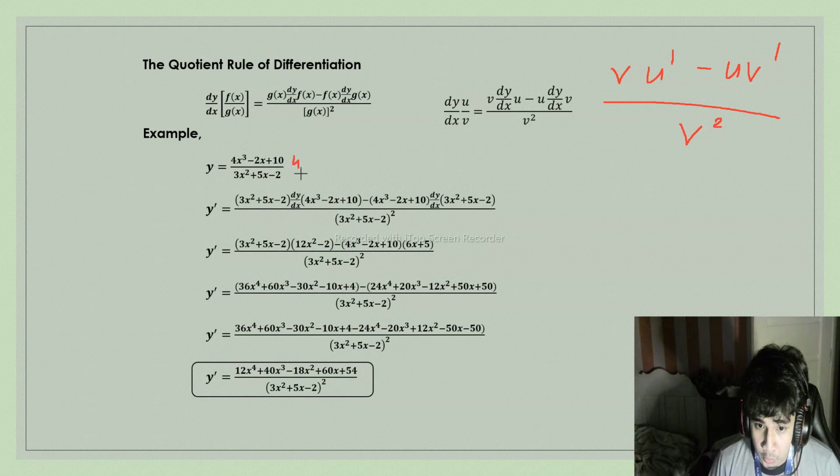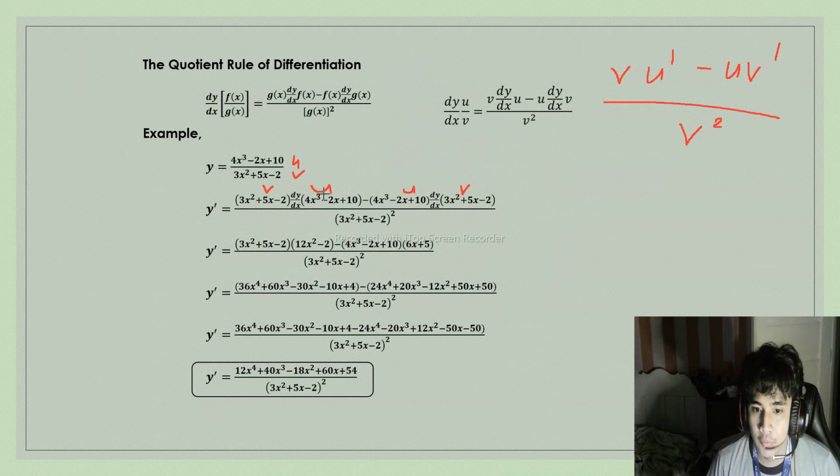Ito po yung u and ito yung v. Yan, apply natin yung solution. U is substitute, v substitute ulit. V pala muna, v du minus u dv, baliktad siya, di katulad ng product rule kanina na u dv plus v du.